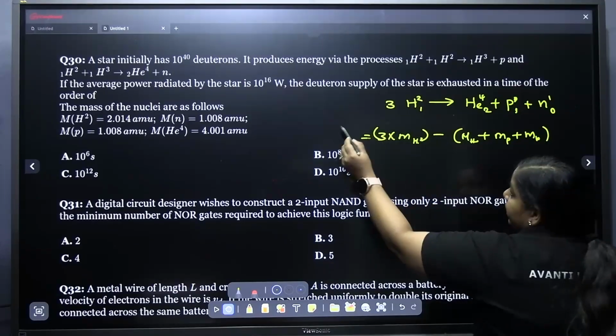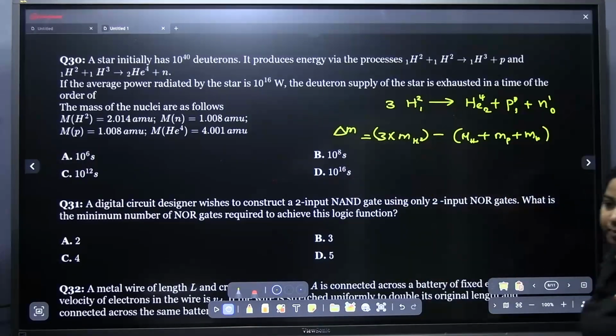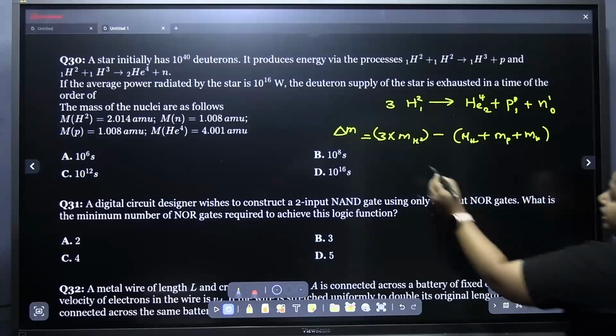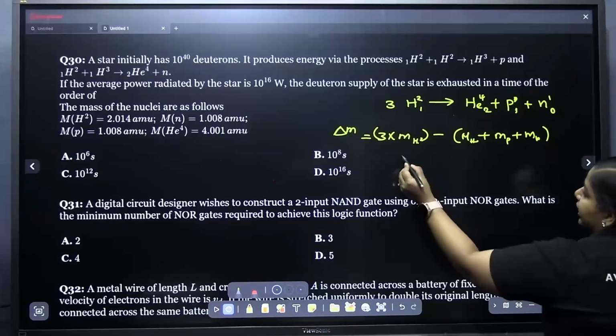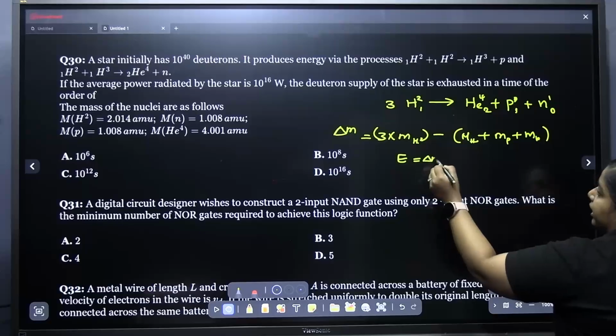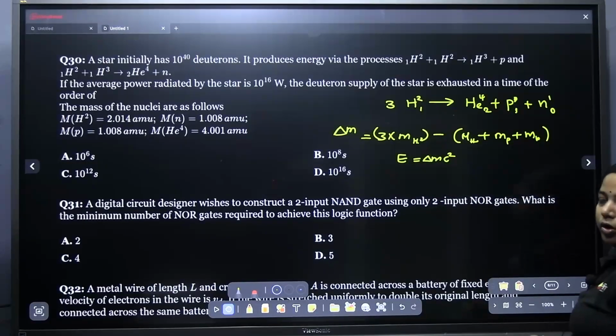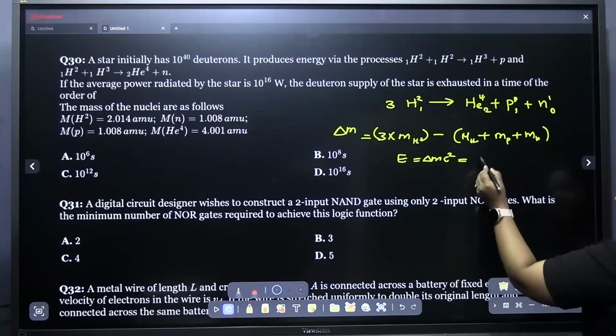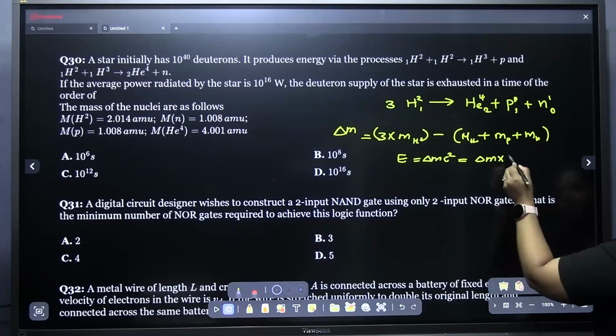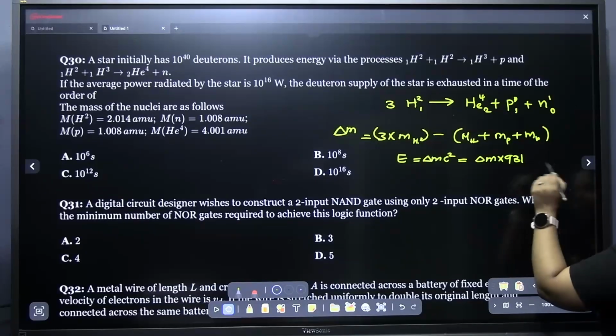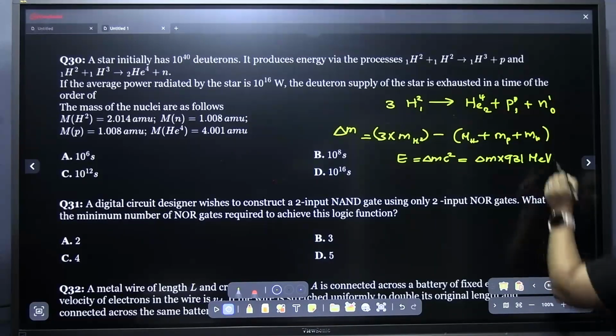This is delta m, the mass defect. Then energy is equal to delta m c square, or since everything is given in AMU, you can just multiply delta m into 931 mega electron volt.